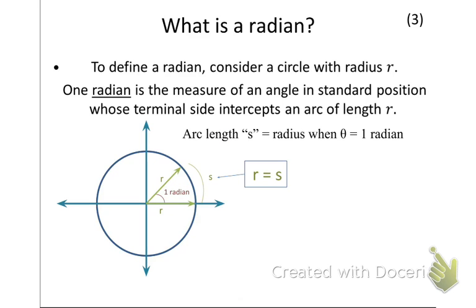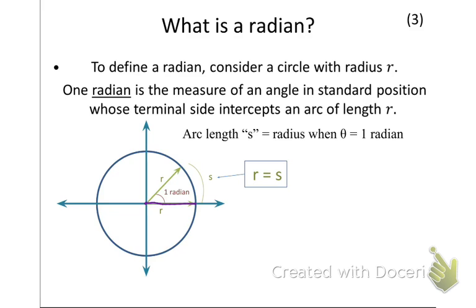So first I want to talk about what even is a radian. To define a radian, we're going to consider a circle with a radius r. 1 radian is the measure of an angle in standard position, which means the vertex is at the origin, whose terminal side intercepts an arc of length r. So what does that even mean? We're looking at both of these lime green lines here, which I will highlight in purple.